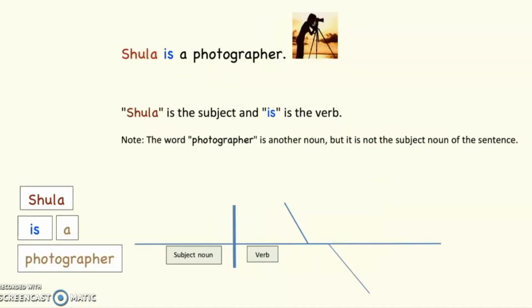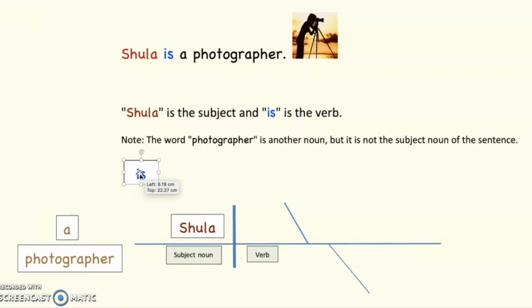Here is another simple sentence with one clause. Shula is a photographer. So Shula is the subject. And is the verb. We'll put is here. This line here is our dividing line.